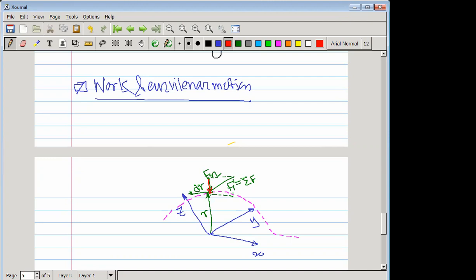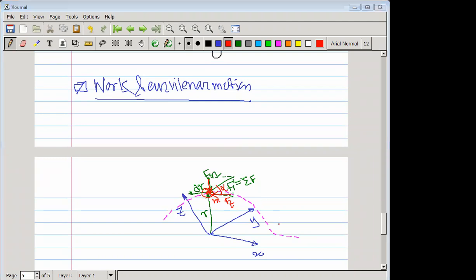This is your normal component, and this is your tangential component, that is F_t. The angle between the resultant and the tangent is alpha, and you consider this particle of mass m. Okay, up to this it is clear, right?